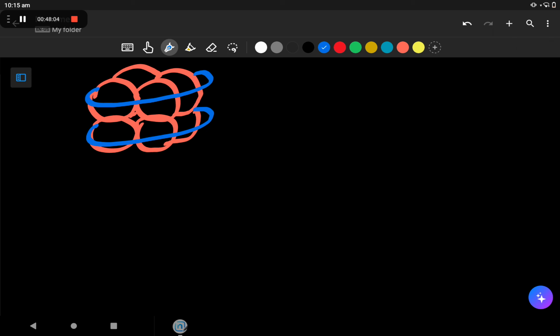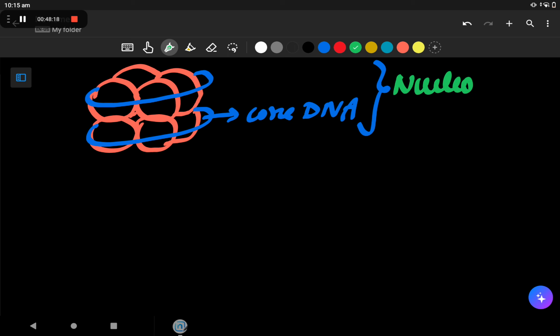This is the core DNA, and the histone proteins are inside. This is what is called a nucleosome. DNA molecules coiled around the histone octamer form the nucleosome core.